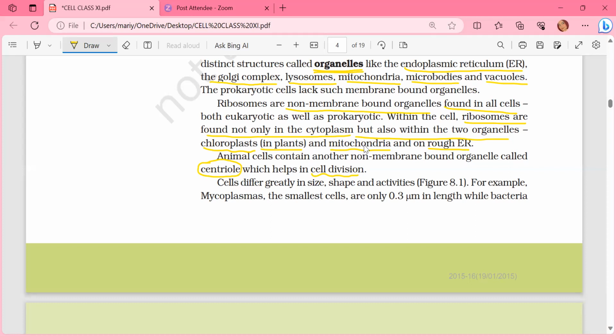So the cells also differ in size, in activities, and in the form and shape they carry. The cells differ greatly in size, shape, and activities. For example, everybody knows about the mycoplasma. They have the smallest cells, only 0.3 micrometer in length.